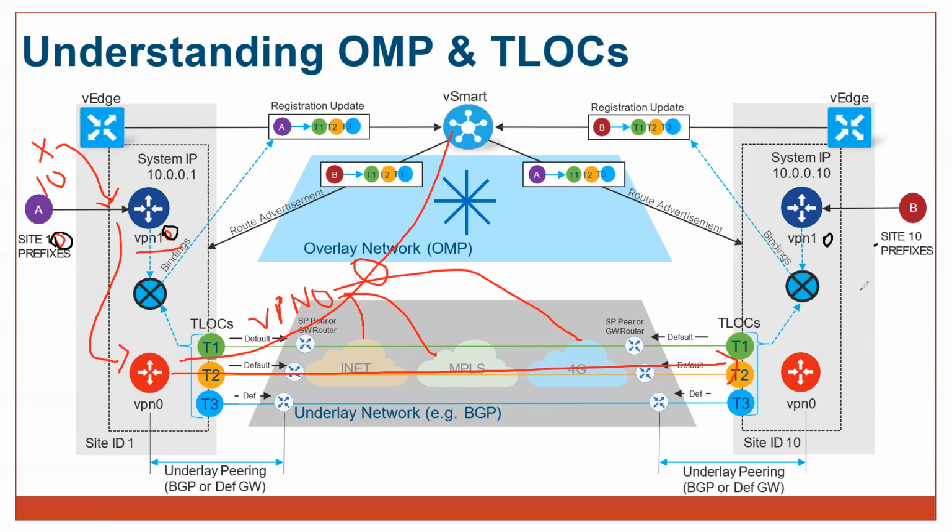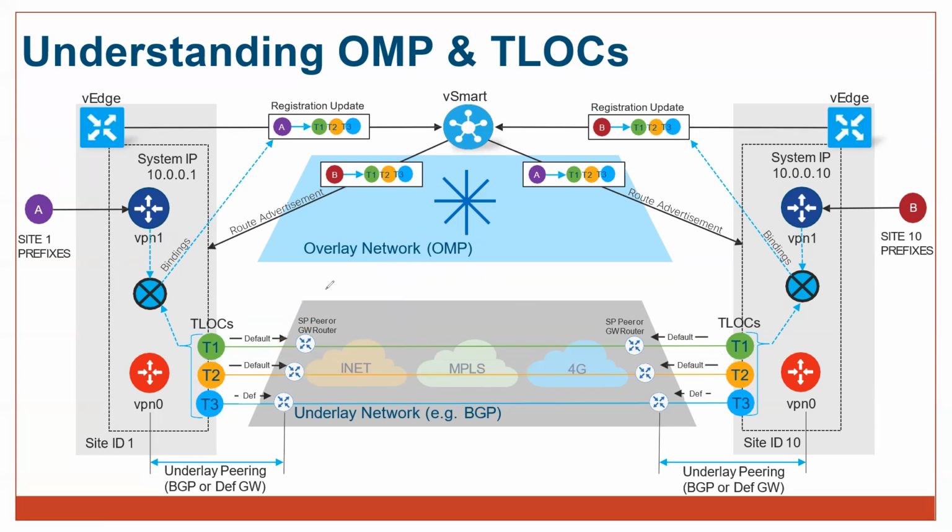So basically, whatever prefix is coming, it is sent to the vSmart with the TLOC information, and the vSmart sends it to the other side. If the B side is trying to reach A, then with that TLOC information, the VPN 10 to VPN 10 communication is happening over VPN 0, right? This is a little bit confusing at the moment, so please do not draw any conclusion.